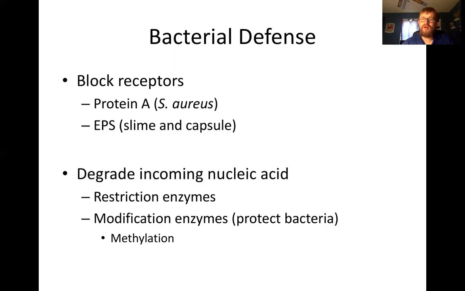Restriction enzymes are enzymes that cut out specific sequences of DNA. In a laboratory setting, it's really cool because you can take a plasmid from bacteria and add a restriction enzyme to it. And so you know where it cuts. And because you know where it cuts, you can then take a segment of DNA that has embedded within it a gene that you're interested in, and insert it back into that plasmid, and you can get the bacteria to make a bunch of copies of your gene within that plasmid.